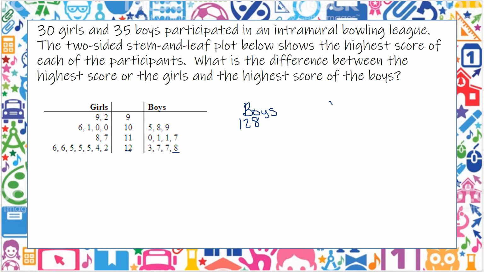The girls' highest score would be, remember the 12 is the tens place, so 1, 2, and then the highest number over here would be 6. So 126 for the girls. Now we're looking for the difference of these. So the difference would be 128 minus 126, which is 2.